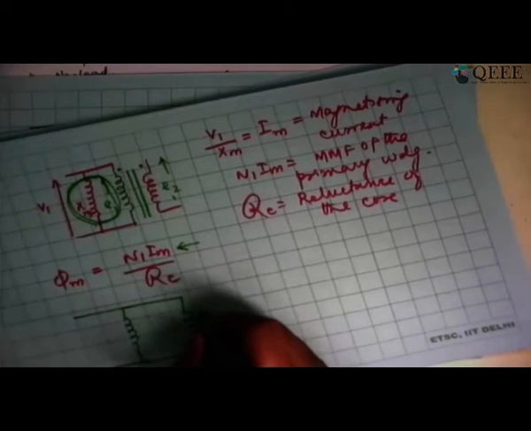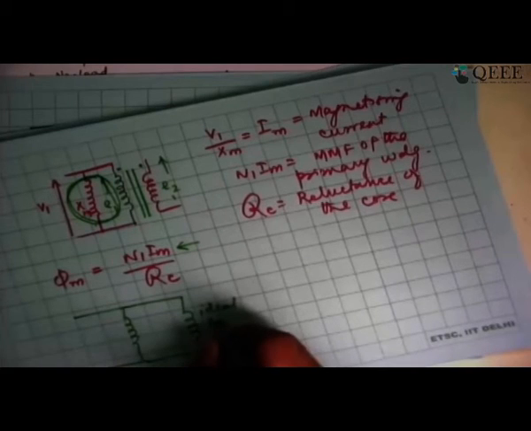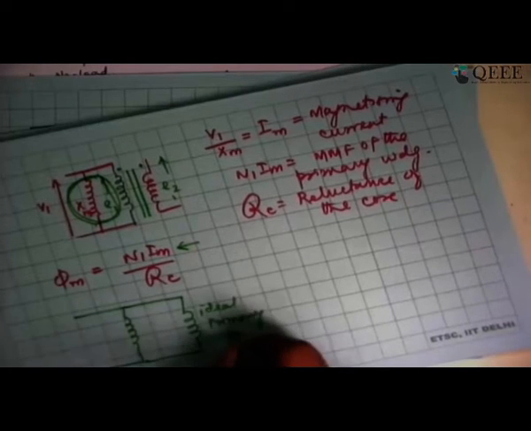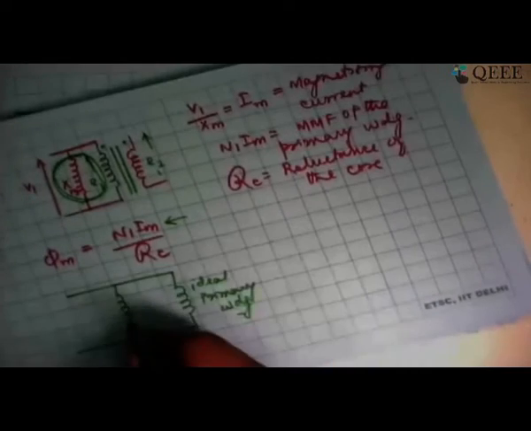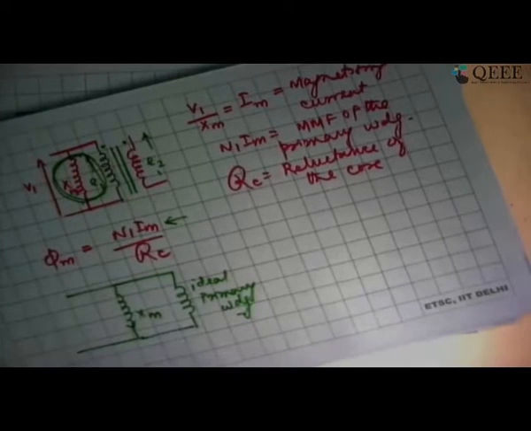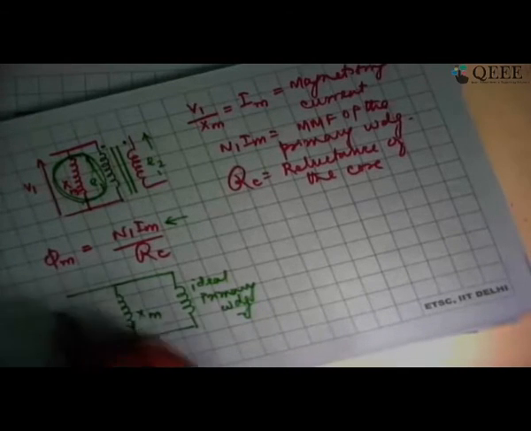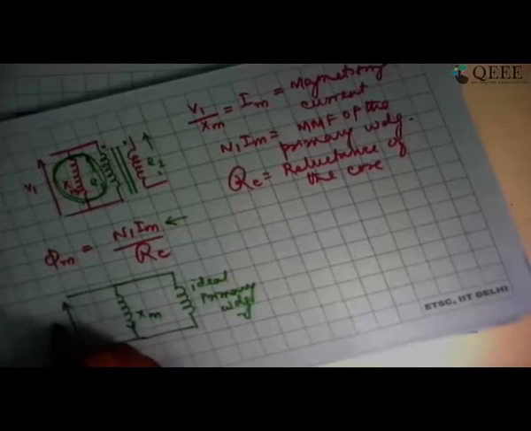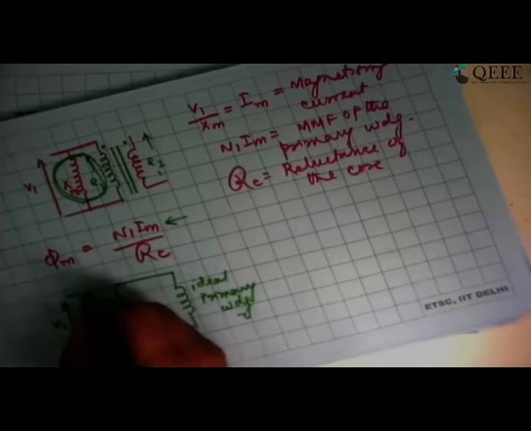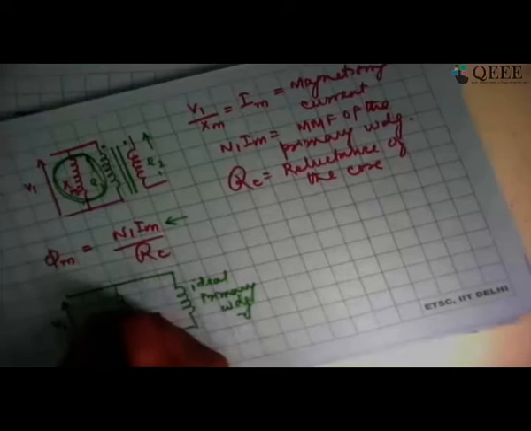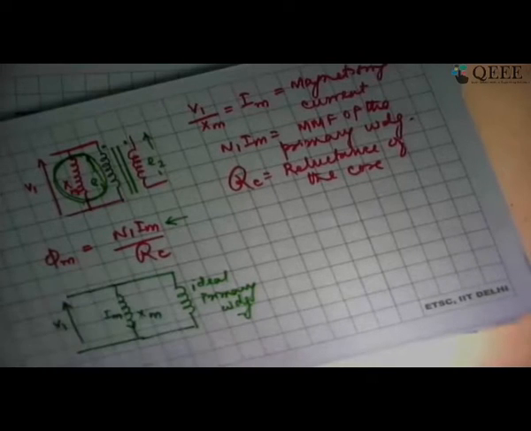So this is the ideal primary winding, whereas this is Xm, which is representing a finite permeability, and this is the applied voltage V1. The current flowing through this is Im.